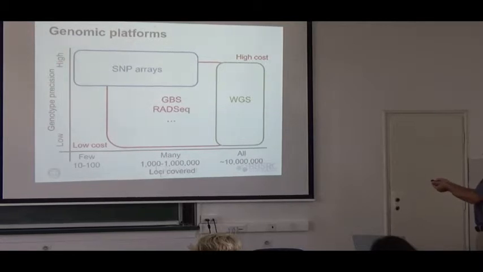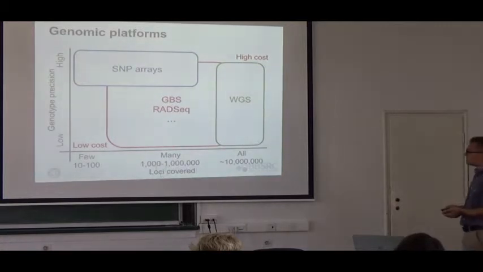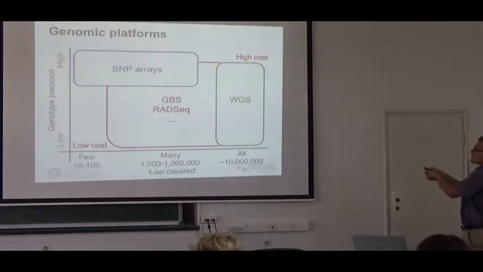As I said, SNP arrays tend to give us very accurate genotype data, and they target between a couple of hundred and, let's say, up to 1 million or so positions in the genome. If you do whole genome sequencing with really high coverage, you're going to get the whole genome with very accurate genotype calls, but the problem is it's going to be very costly. And ideally, when you think about cost, you want to be in this domain, right? But then you obviously get quite inaccurate data, and only for a few positions.